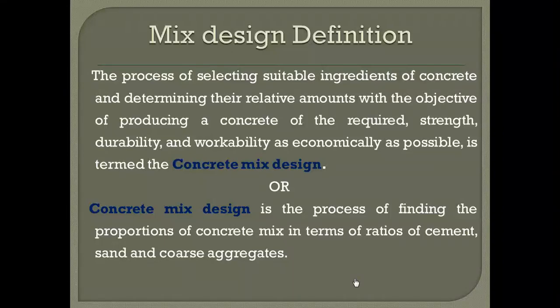So 1 is to 2 is to 4 means 1 proportion of cement, 2 proportion of fine aggregate, and 4 proportion of coarse aggregate. From this mix design we are able to find their relative amounts, so that the concrete that we design should produce the required strength, durability, and workability with maximum economy as possible. That is termed as a concrete mix design.